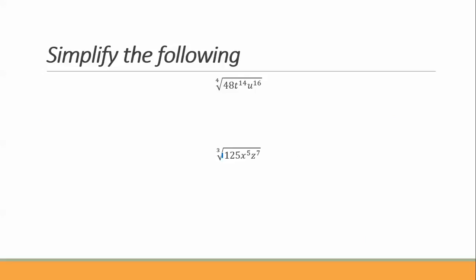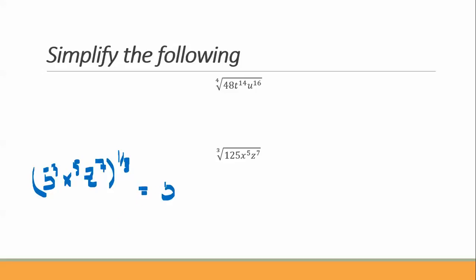So for the cube root of 125 x to the 5th z to the 7th, we're going to do 125 is 5 to the 3rd, and then we have x to the 5th and z to the 7th, and that's all going to be to the 1/3 power.